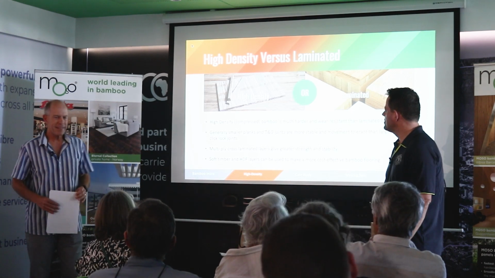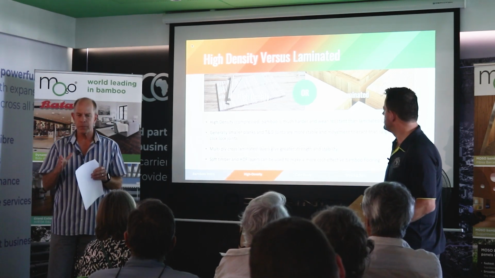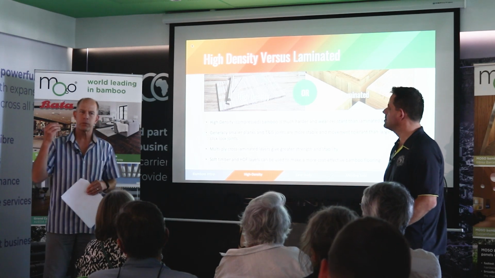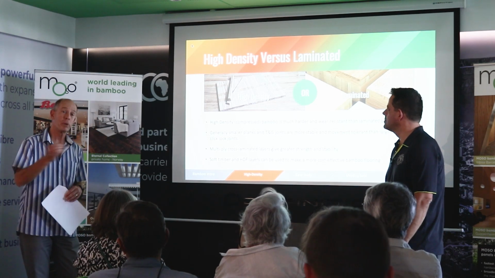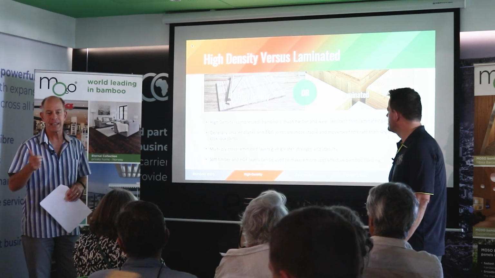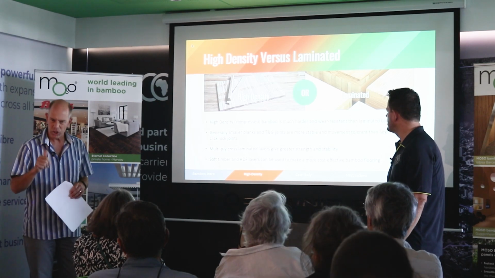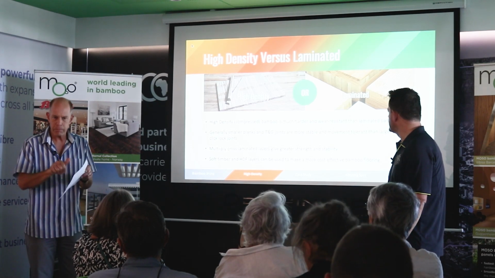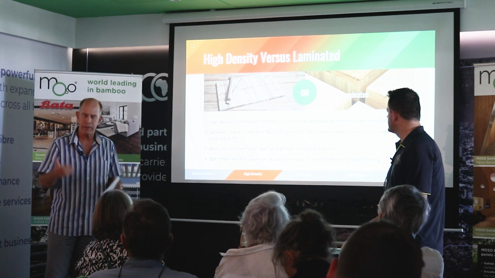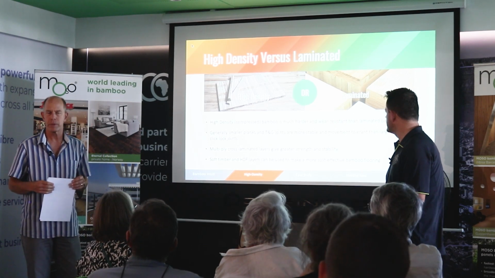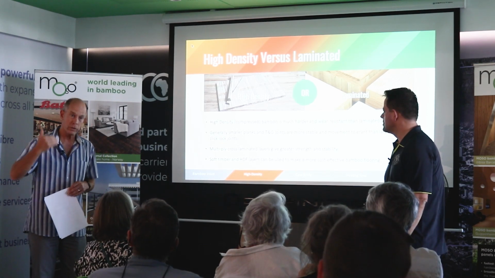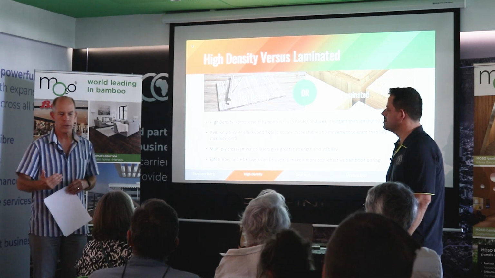The high density compression of the bamboo fiber bundles makes the final product much harder and a bit more brittle, so it can have a tendency to crack if there's pressure applied across it, but it's very popular for flooring because it will not dent. It's about twice as hard as oak.